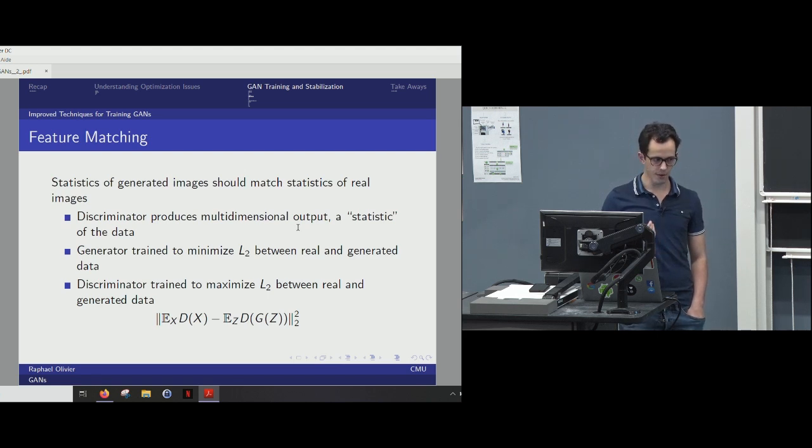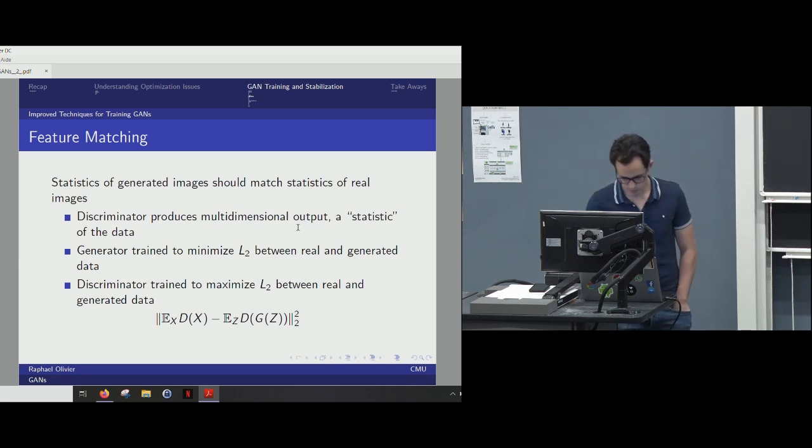And I want to have more supervision, and supervision that's easier to backpropagate to and behaves better. So what they do is compute a vector for the real images and compute another vector for the fake images, and the discriminator is trying to make the difference large while the generator is trying to make it small. So they use this trick to transform your cross-entropy loss into an L2 loss. We're going to see a bunch of those in the future.